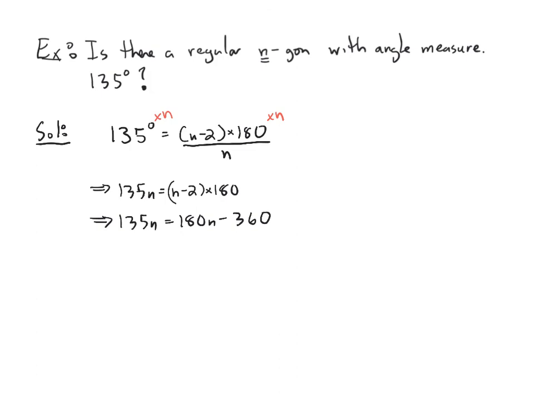So let's subtract 180n from both sides. And 135 minus 180 is indeed negative 45, and 180 is the bigger number, so we'll keep that sign. So it's negative 45n equals negative 360. Divide both sides by that coefficient.